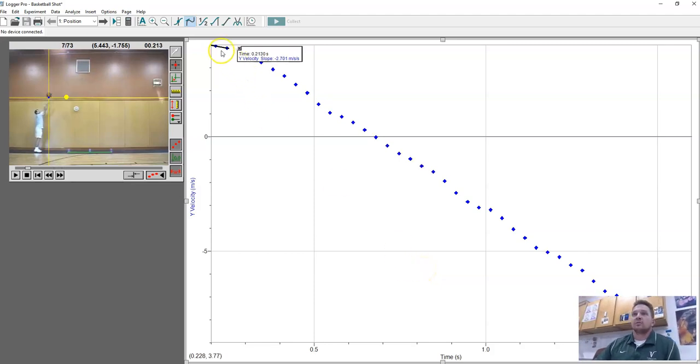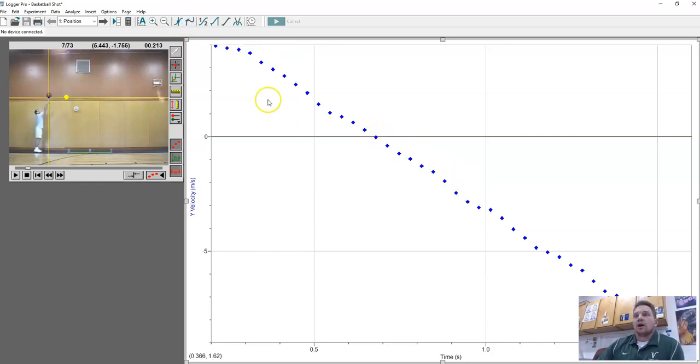It starts at a big positive and then just continues decreasing all the way past 0. When it's at 0 velocity, that's when it's at the very top of its path. You can see over here if you watch the ball. Boom. And then it starts going back down.